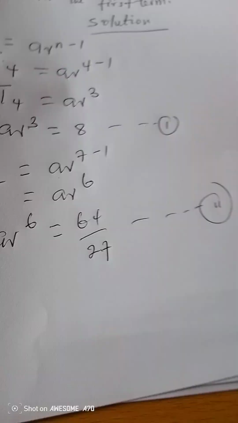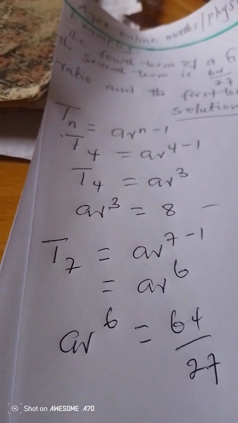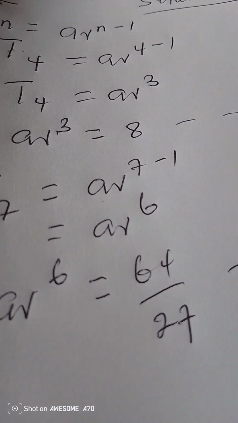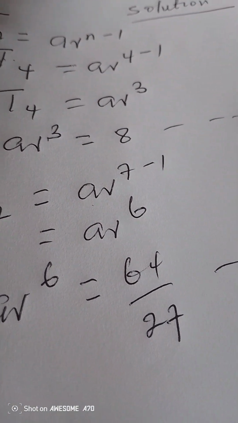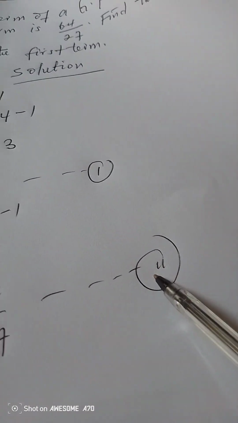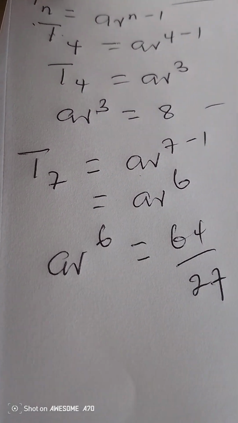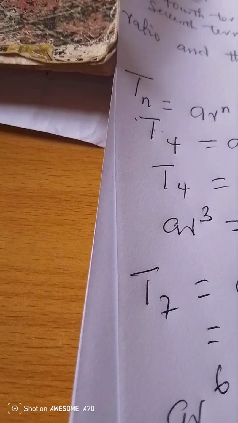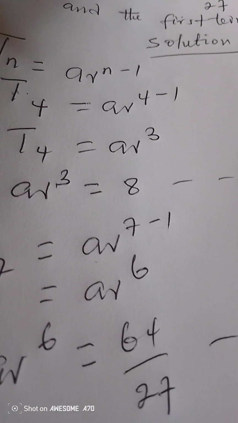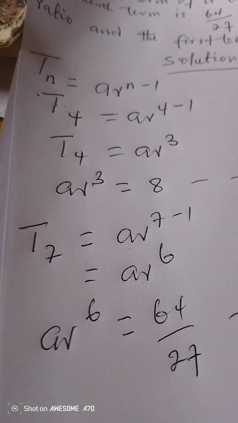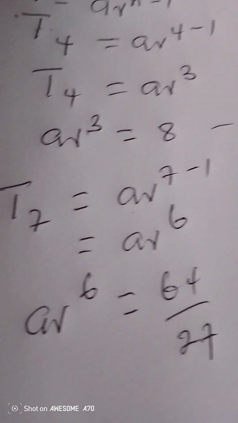So now we have two equations here. We have equation 1, which is for the fourth term, and equation 2, which is for the seventh term. So what we are going to do is divide equation 2 by equation 1.